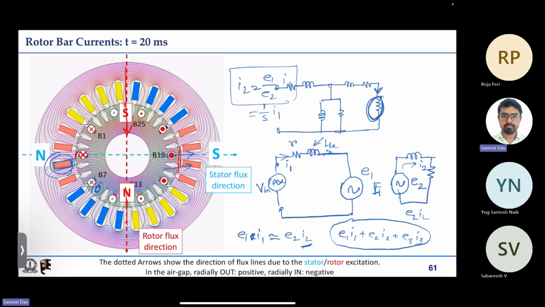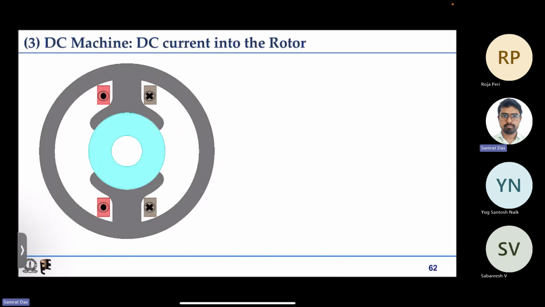We have to go into some details of the winding, how we are connecting it, and other things. Then we would realize the electrical equivalent circuit of the DC machine. We'll go into modeling and subsequently continue with controller design and other aspects for that machine.